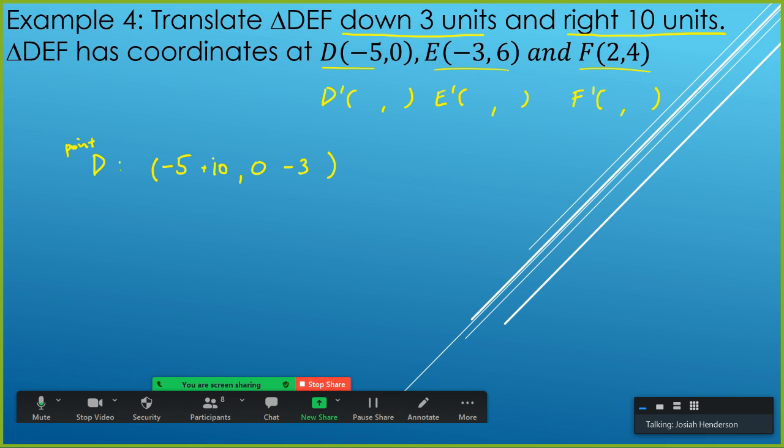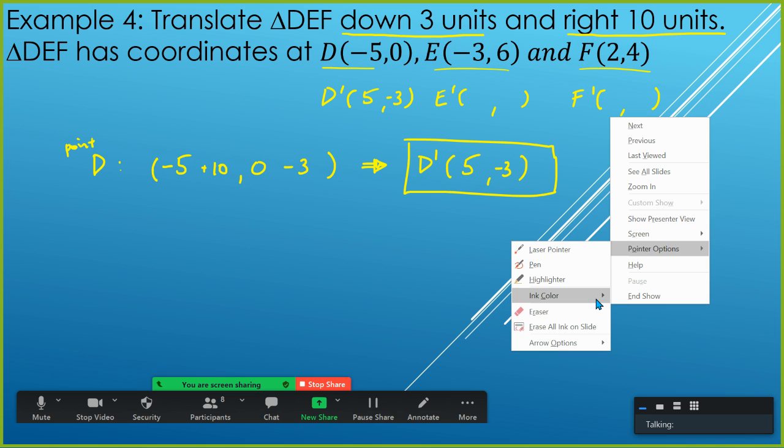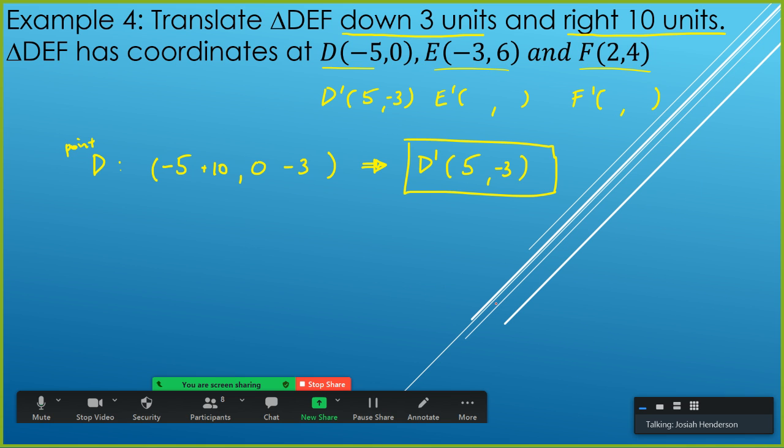So now we've got to simplify each of those, and that'll tell us what D prime is. So -5 plus 10 is +5. 0 minus 3, -3. So now let's try it for E prime. Point E, the original is -3, 6.